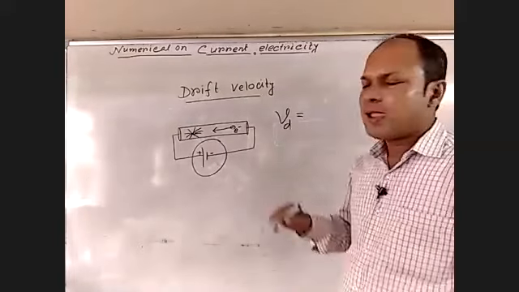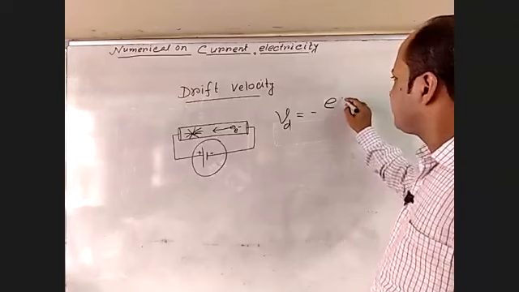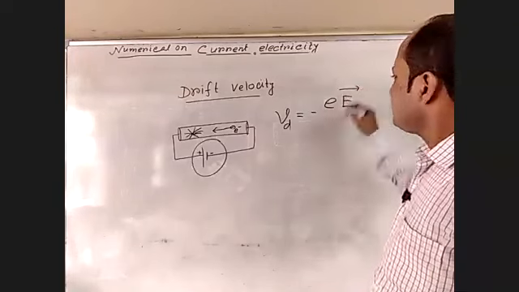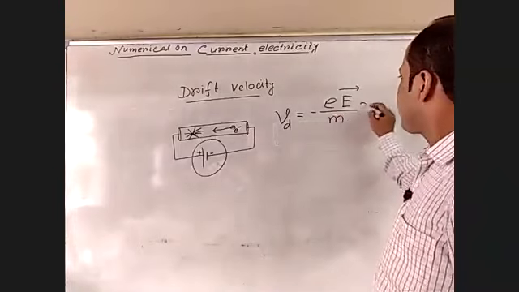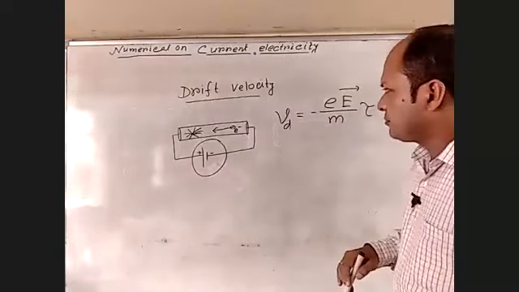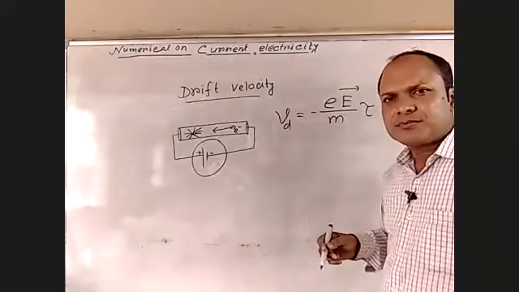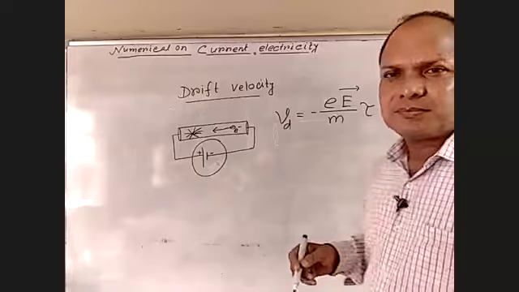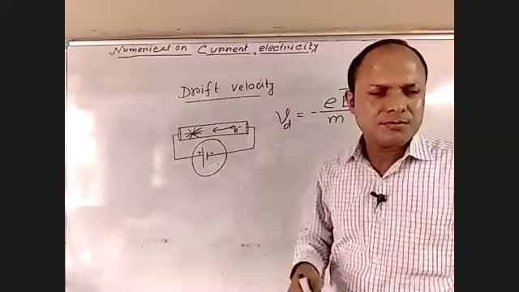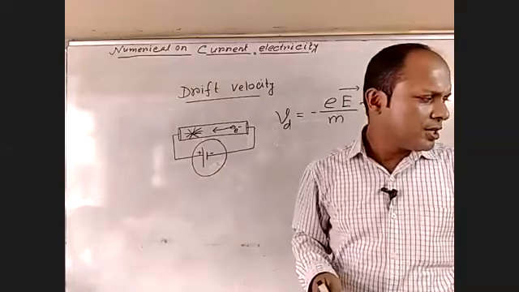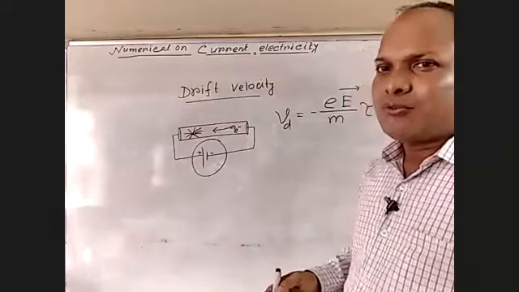Minus small e, capital E vector, by m into tau. Shubhra Pratim, whether this expression is correct? Udayan, Ananda, Ambika. No. Very good.